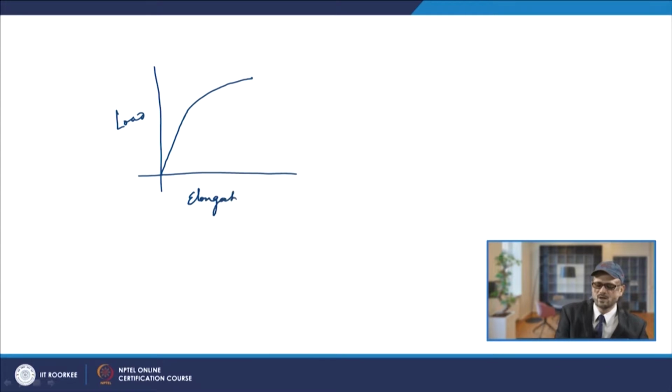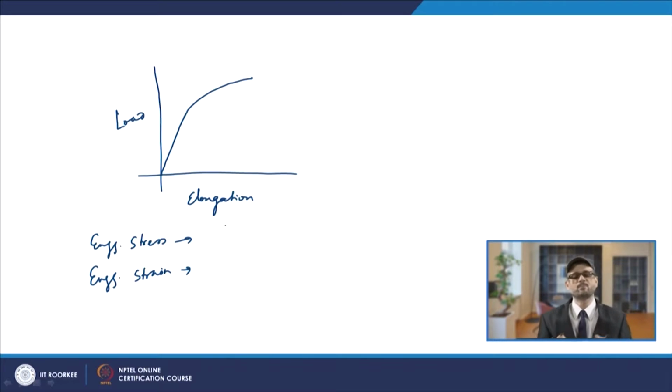We also call it a stress strain diagram, that is, the engineering stress engineering strain curve. What we do is normally divide the load by the original area. So, at any point if P is the load, then P by A naught will be the engineering stress. Similarly, the change in length upon original length will be the engineering strain.